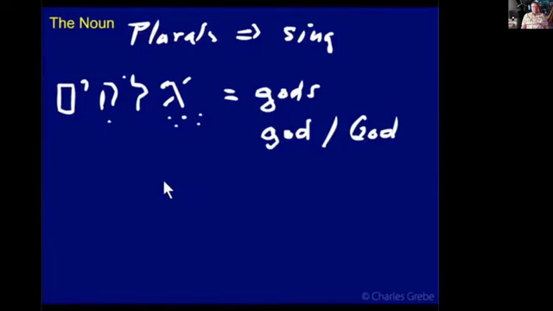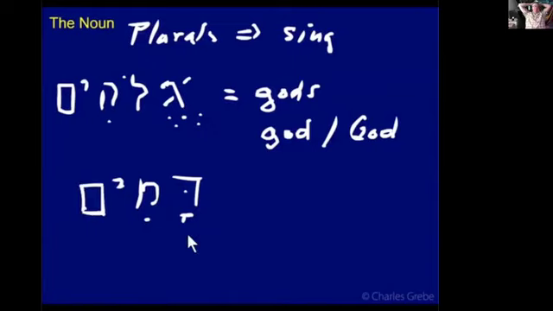Another example would be damim. Dam is blood, and damim, you can see again that this looks like a plural. It has a plural ending. Morphologically it's a plural, but it can also mean bloodshed.